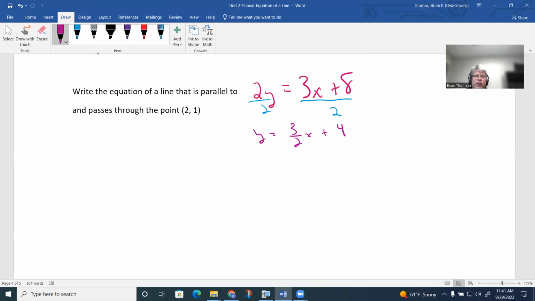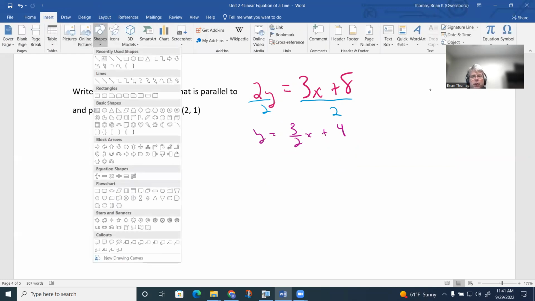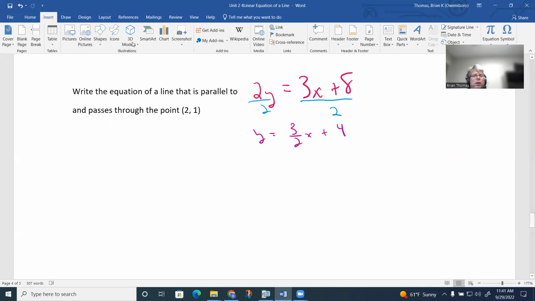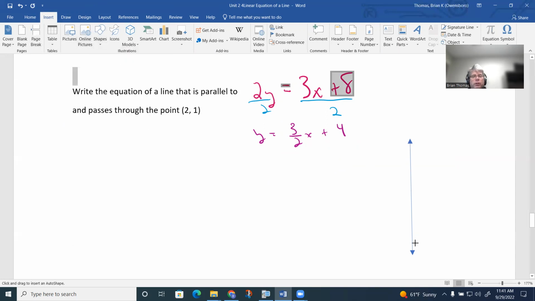So if I was going to graph this line here, let me make an x and y axis. So we'll call that our x-axis, and then we need a y. That was our y-axis, I'm sorry.